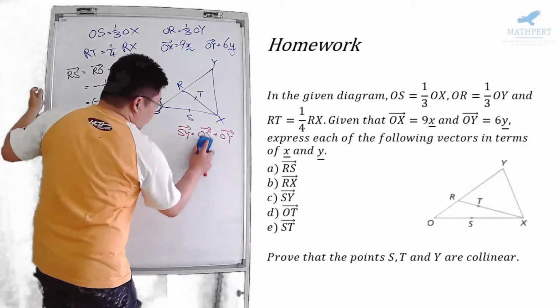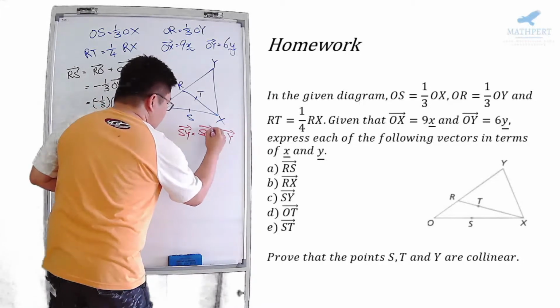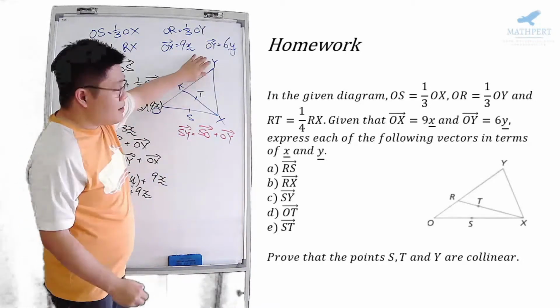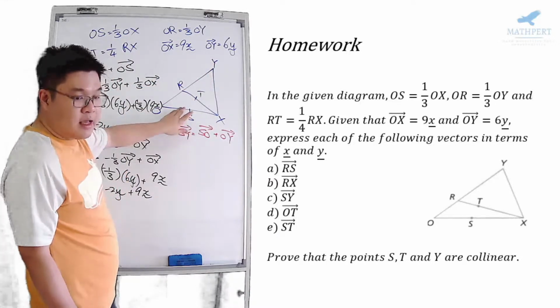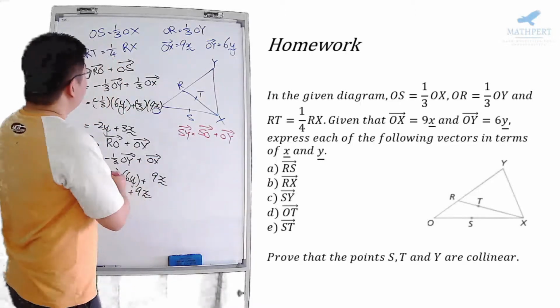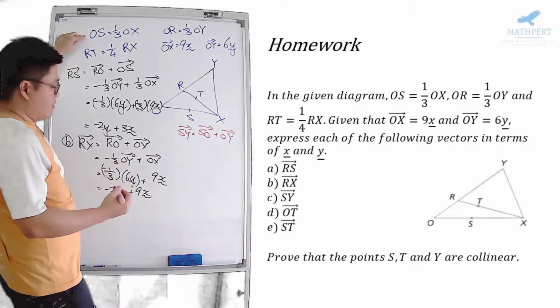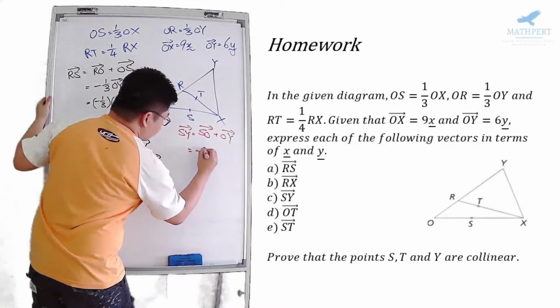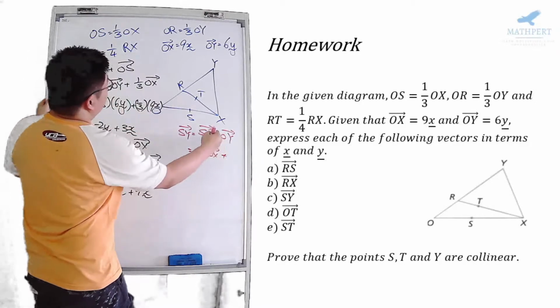This is not OS, this is SO. SY means from S to Y, so I start from S. S to O, O to Y. So SO plus OY. SO will be negative OS. So this will be negative 1 over 3 OX plus OY.